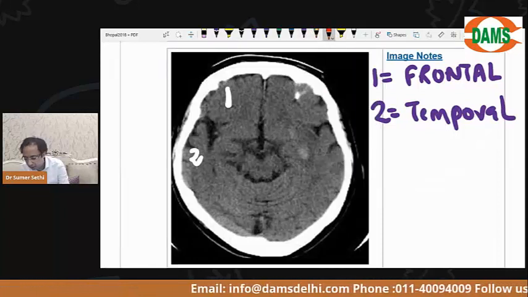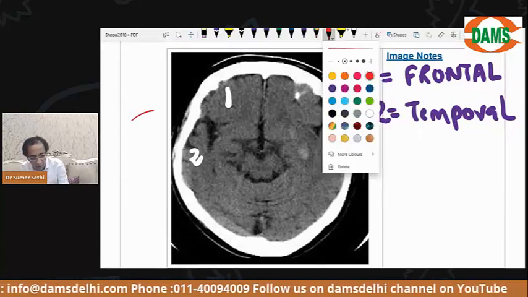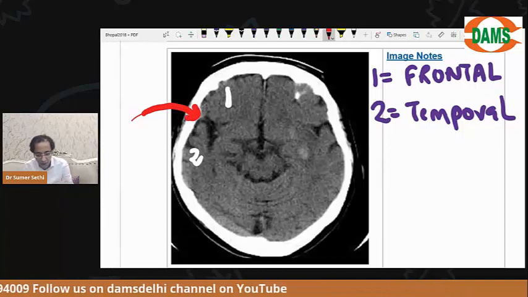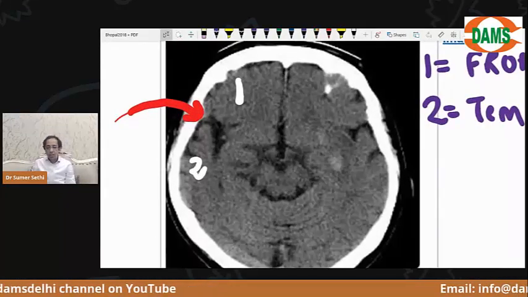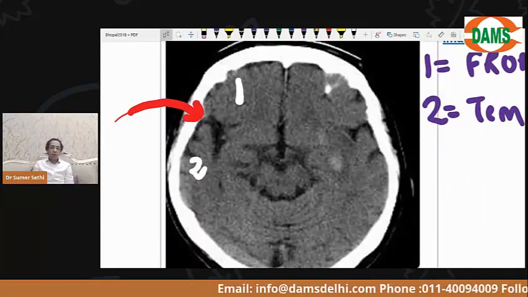Everybody clear? Now, can you identify the demarcation between them? Can you see this large sulcus which is demarcating the frontal lobe from the temporal lobe? Any one of you can answer.